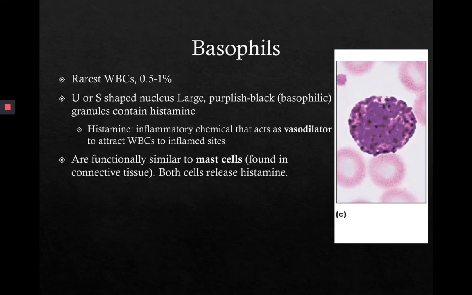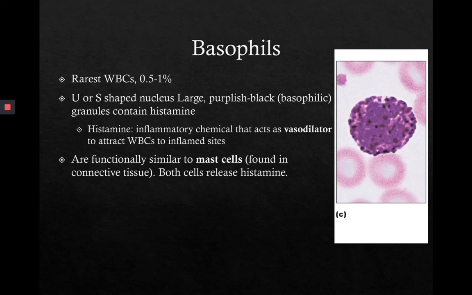The rarest white blood cell is the basophil. It's hard to see its nucleus, but it's usually U or S-shaped with a couple of lobes. We can't see the nucleus because the granules of this granulocyte contain histamine, and they stain really dark purple.